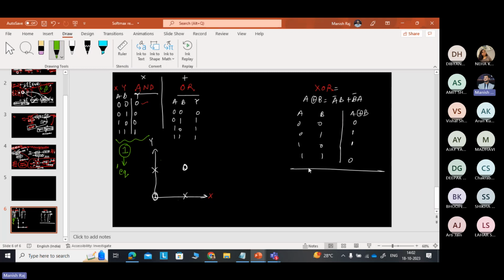But for this you need two lines, so two equations, or two perceptrons. For this line I need one perceptron, for this line one perceptron.